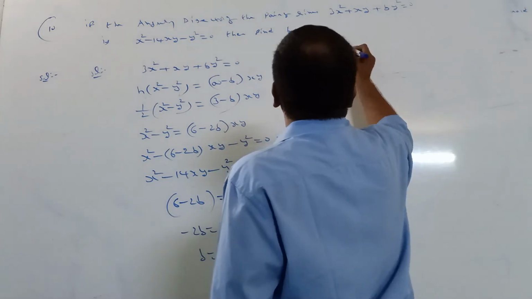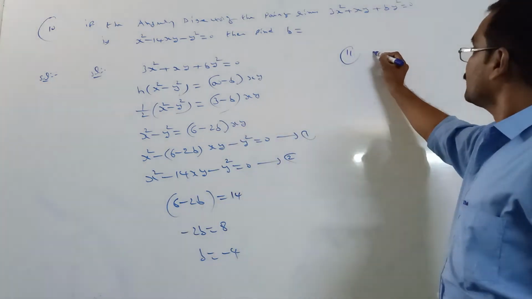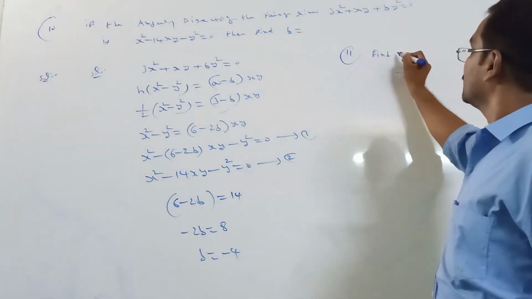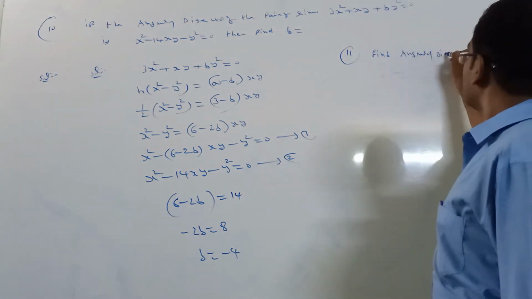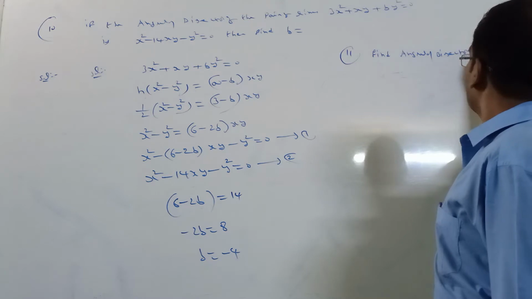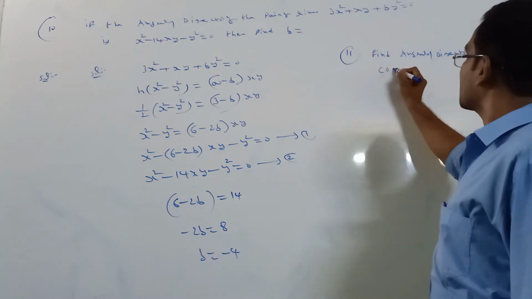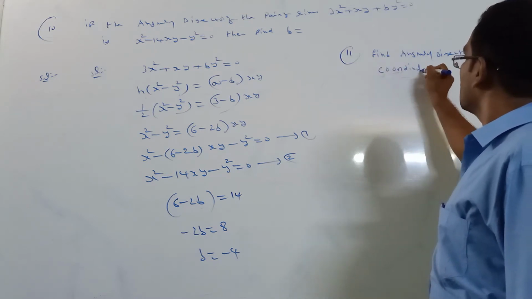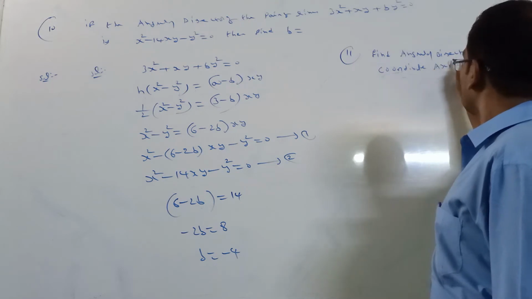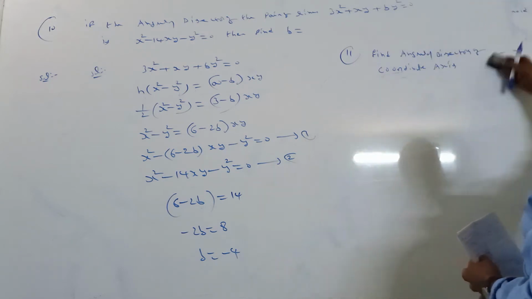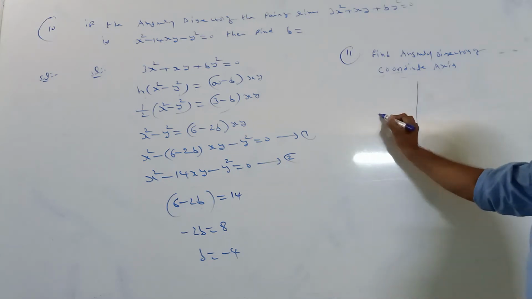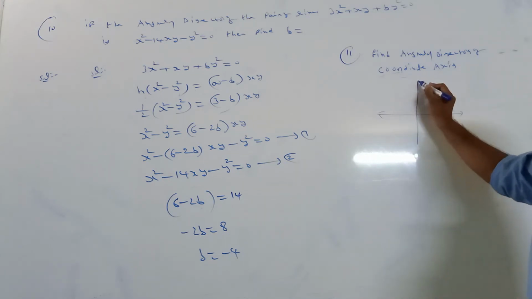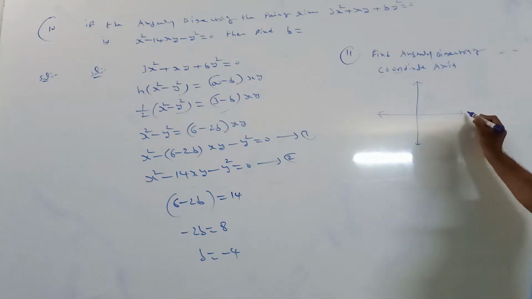Next. Find the angular bisectors of the coordinate axes. Coordinate axes means the x axis and the y axis.